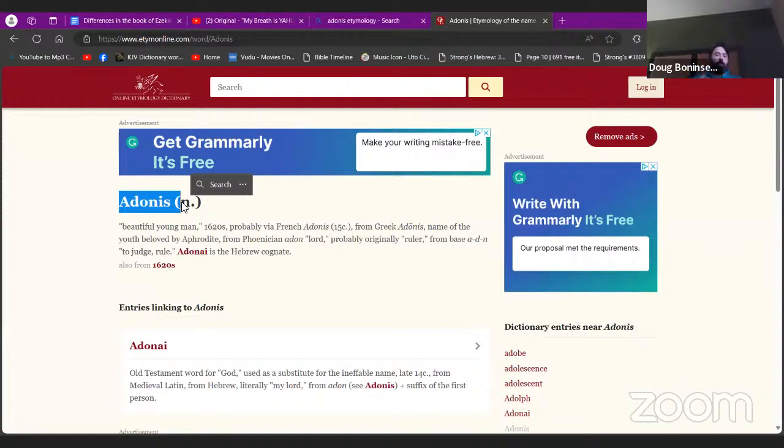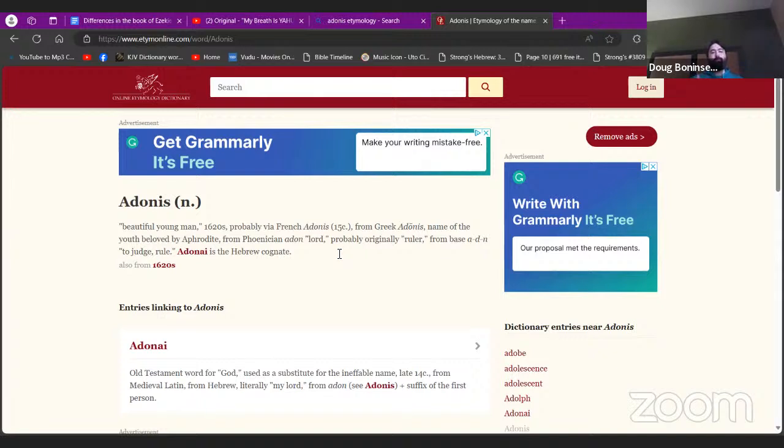Adonis: beautiful young man, probably from the French Adonis, from Greek Adonis. Greek to French, same phonetics. Greek to Hebrew, same phonetics. It's not going to be a completely different sounding word. So people that want to say that Adonai is the Hebrew equivalent to Kurios, first of all, Kurios sounds nothing like Adonai, number one.